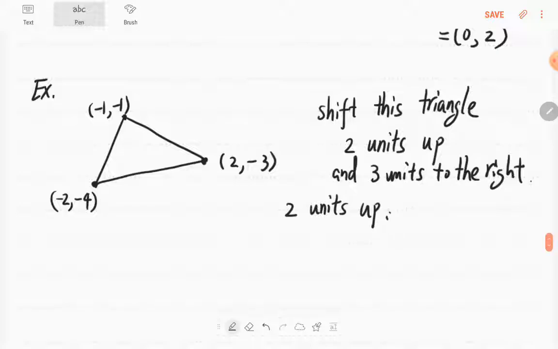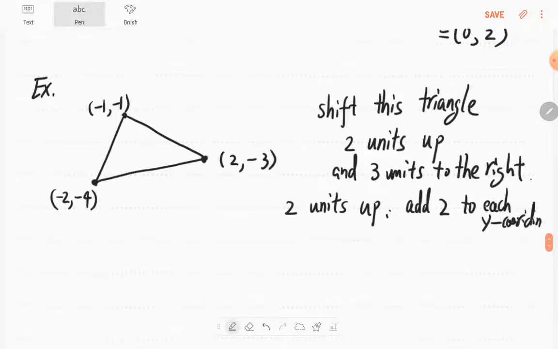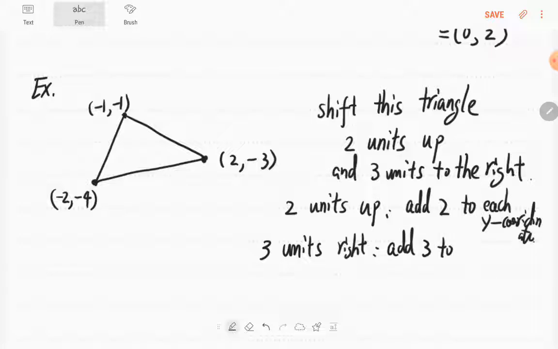That means we add 2 to each y coordinate. Okay, y coordinate. 3 units right. That means add 3 to each x coordinate.